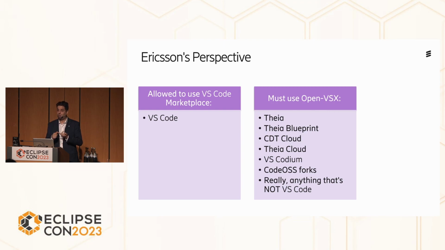If you're using not VS Code, including CodeOSS and VSCodium, or Superior Theia, OpenVSX is the place to be. And once again, reminder, without plugins, these editors are not very useful, and we need a marketplace or a place to get the plugins.